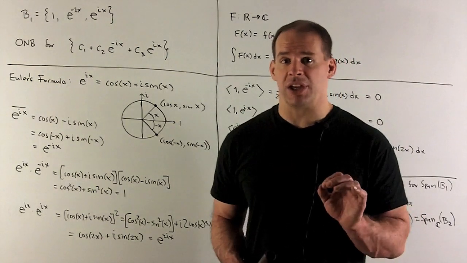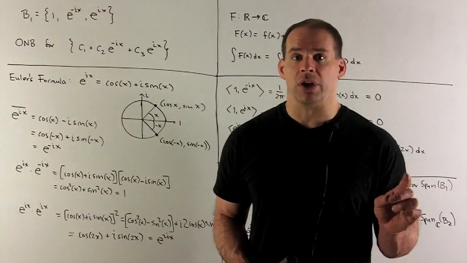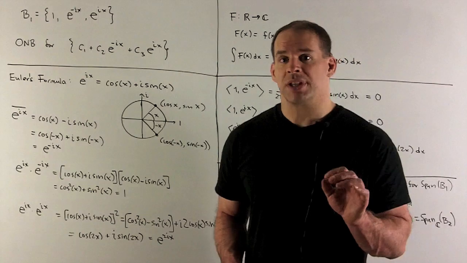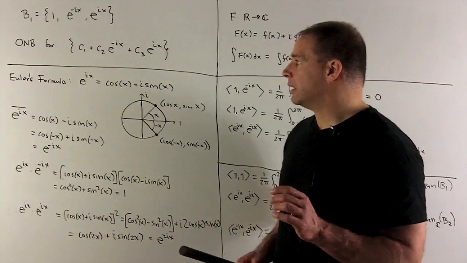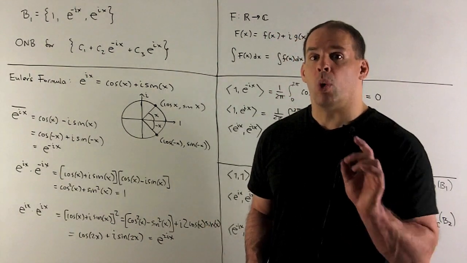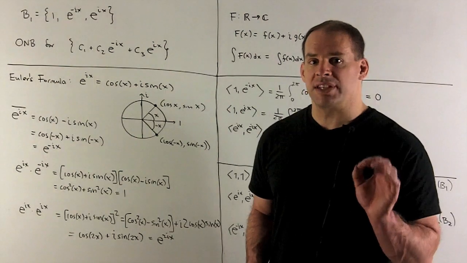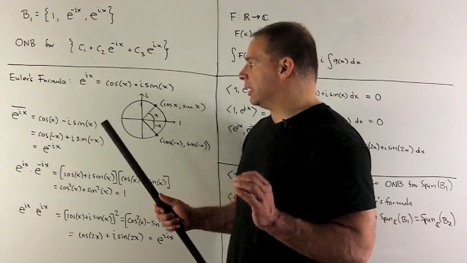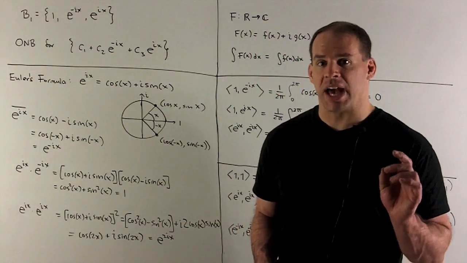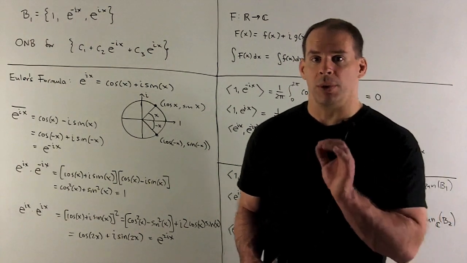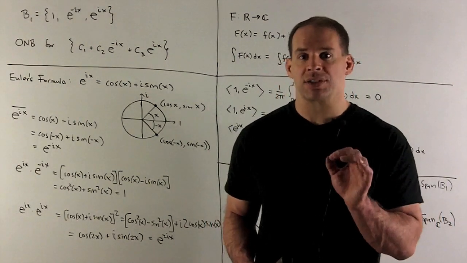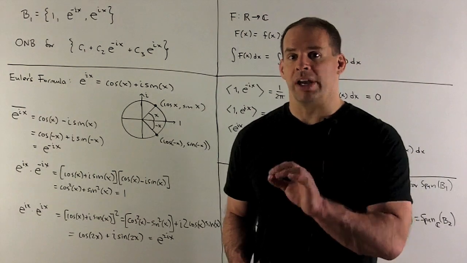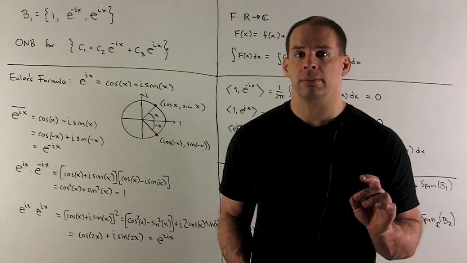Before we do any computations, let's first do a little bit of review. First, the complex numbers. Main result we're going to use, Euler's formula. That states e to the ix equals cosine x plus i sine x. What we're doing here, we're taking e to the ix, breaking it into its real and imaginary parts.